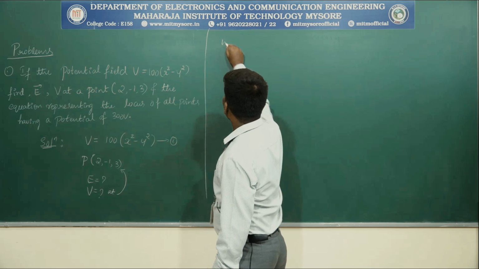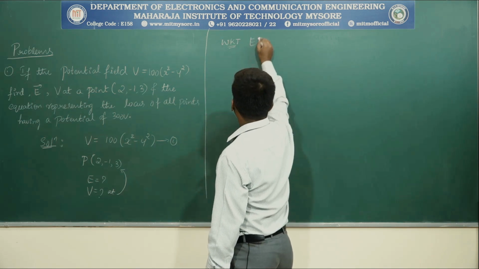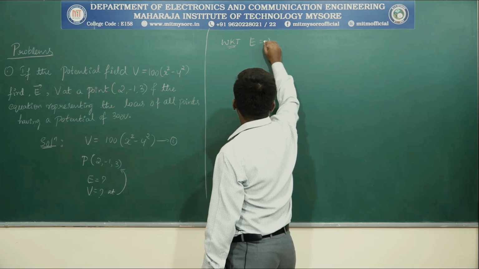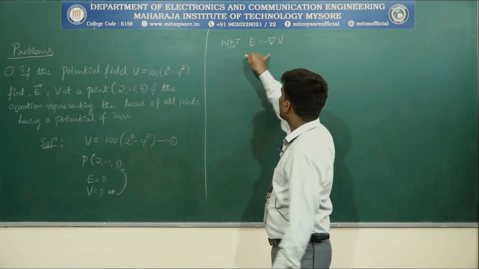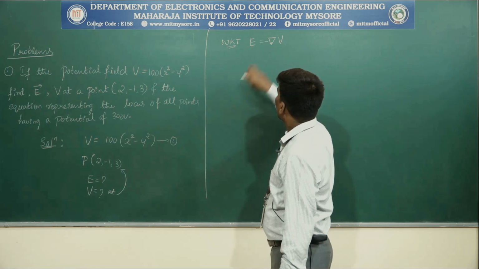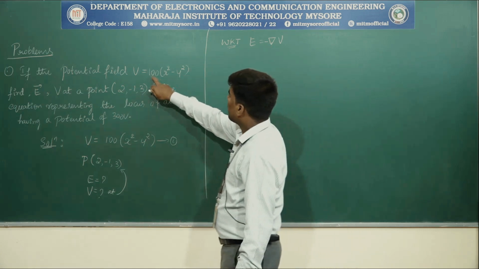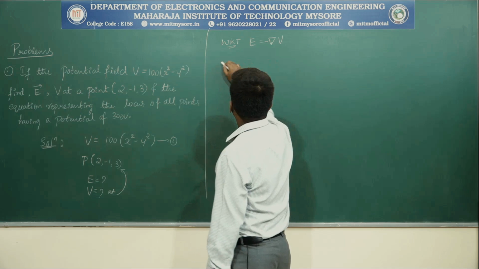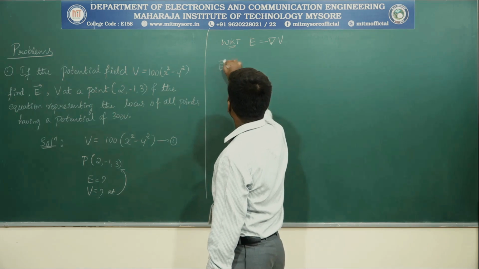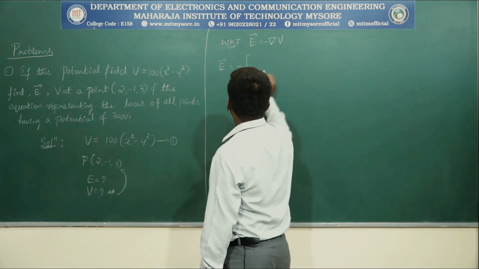Now we know that E is equal to minus gradient of V. This is the expression, but we don't know the value of V. So V is given as 100 times of x square minus y square. Let me write this. E is equal to minus, what is gradient?